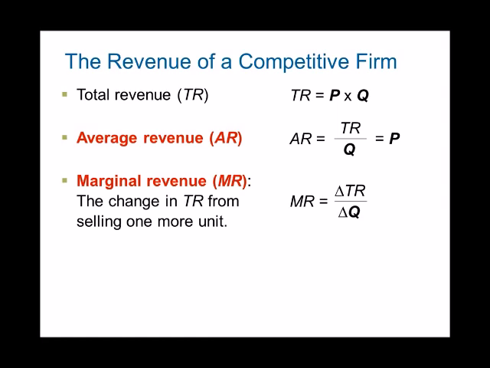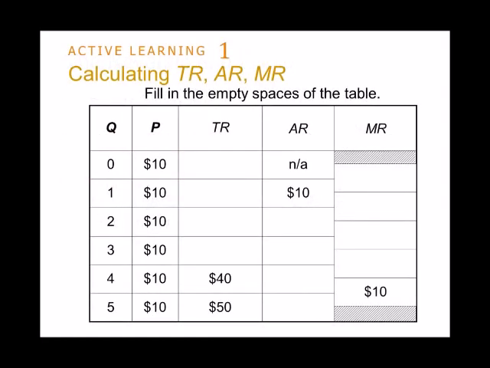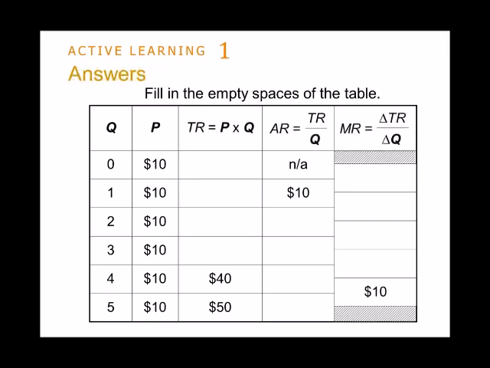So let's look at marginal revenue in this case. We are selling different quantities, 0, 1, 2, 3, 4, 5, and we're charging the same price. Since we are in a perfectly competitive market, we cannot affect the price. Looking at the formulas, total revenue for the first unit, price times quantity, is 0.